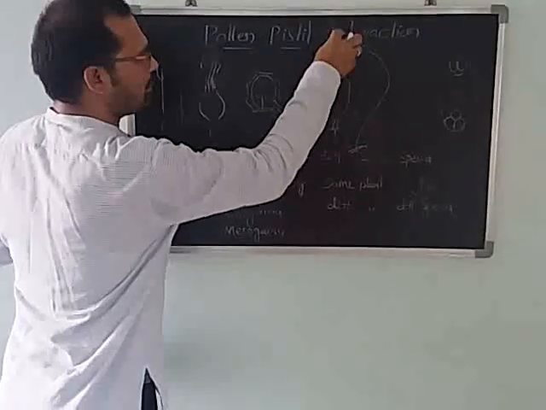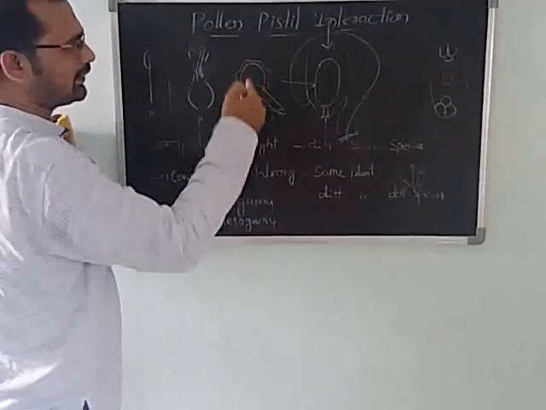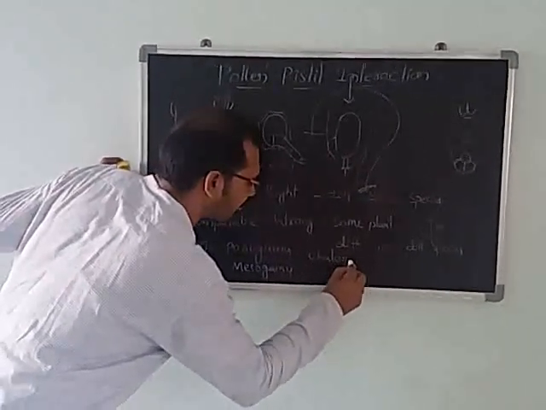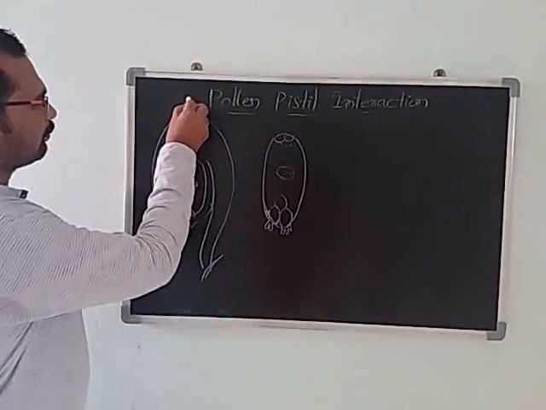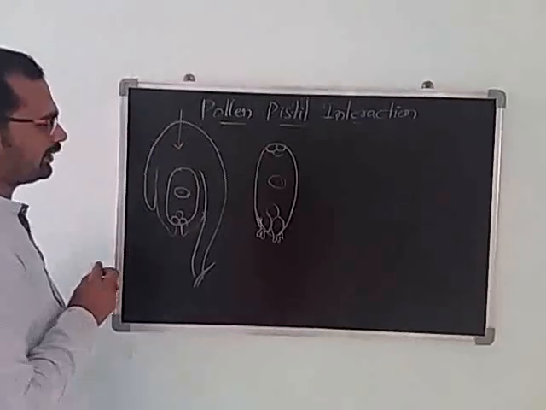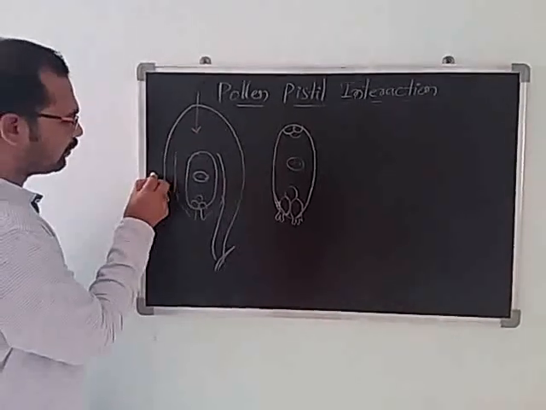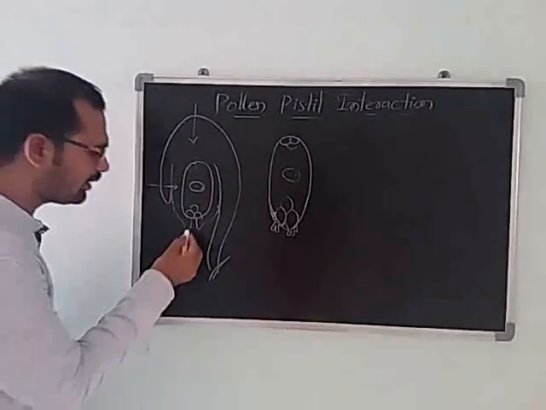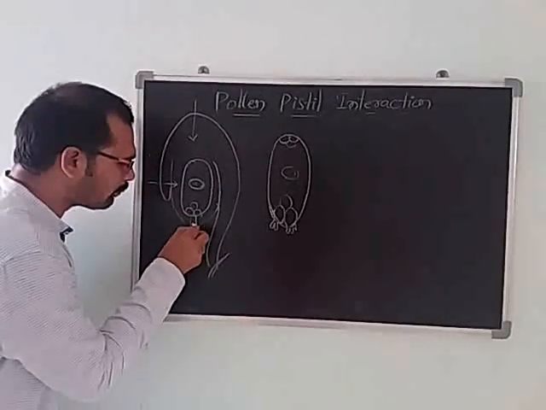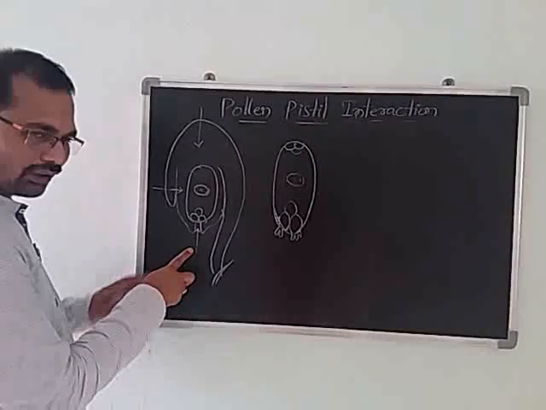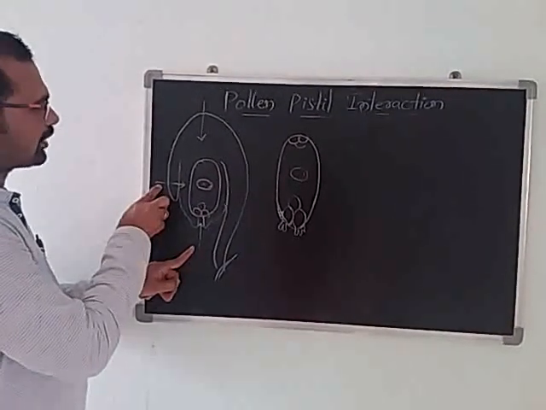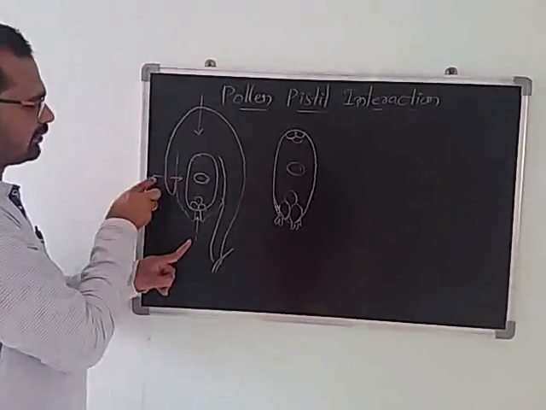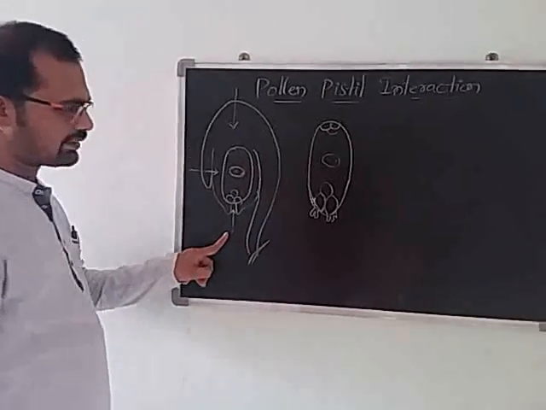Some pollen tubes enter the ovule through the chalaza, and that is called chalazogamy. To recap: pollen tube entering through the chalaza is chalazogamy; through the integuments is mesogamy; through the micropyle is porogamy.